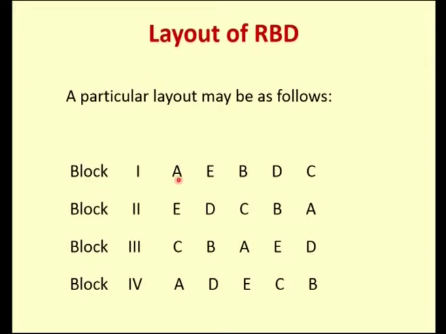Then the allocation will be: to the first plot we allocate treatment A, to the third plot treatment B, to the fifth plot treatment C, to the fourth plot treatment D, and finally to the second plot treatment E. And for the other blocks a fresh randomization can be used for the allocation of treatments.